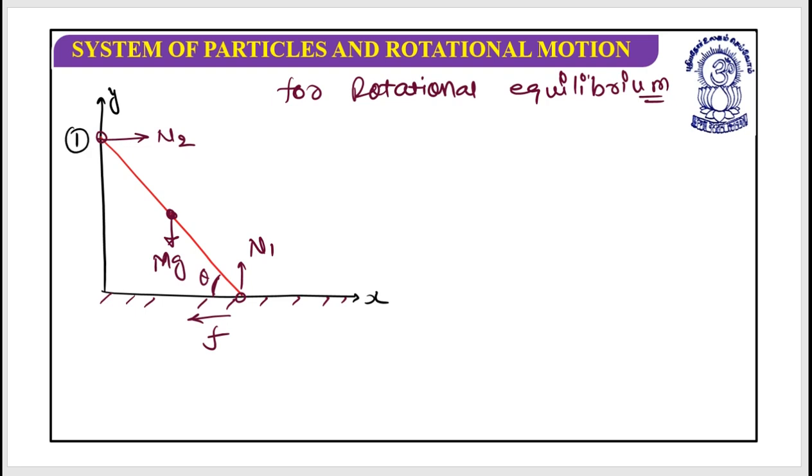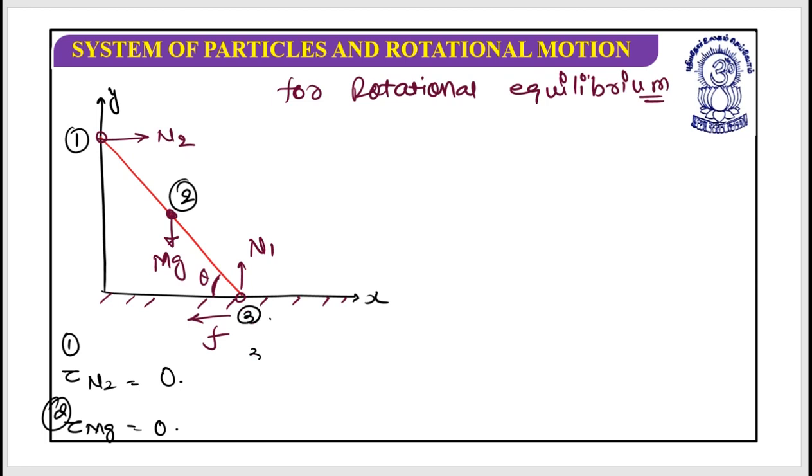Let's suppose this has been chosen as the first point, then the torque due to n2 will be equal to 0. So only one torque can be written as 0. If a second point is chosen, then the torque due to mg could be written as 0. We are just deciding what to choose for the net torque 0.